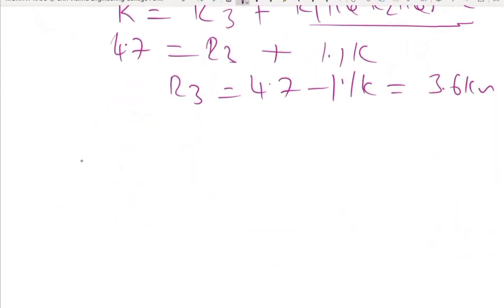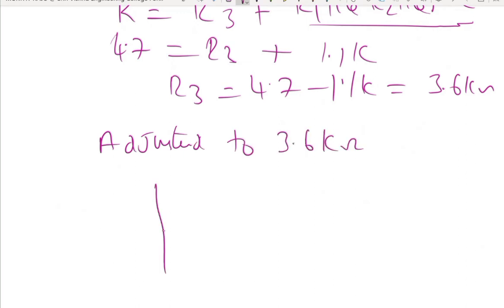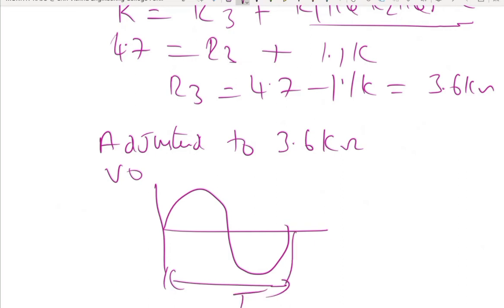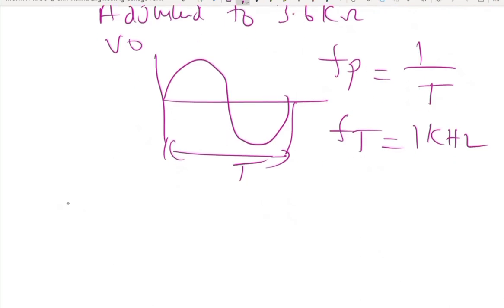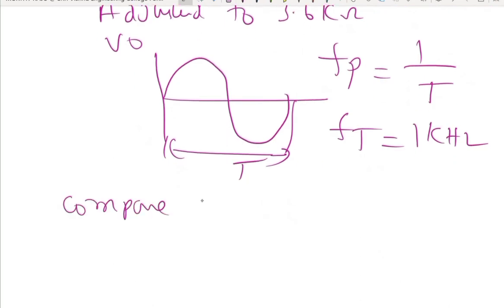By varying the potentiometer, 4.7 kilo ohms adjusted to 3.6 kilo ohms, then only the RC phase shift oscillator generates sine wave V0 with time period equal to T. Practical frequency F is equal to 1 by T. Theoretical frequency is 1 kHz. Compare these two values.